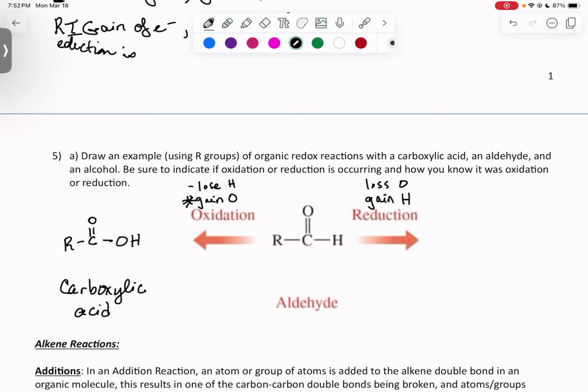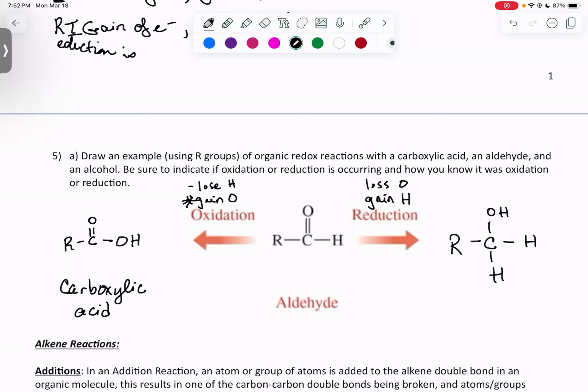And so if I take an aldehyde and I reduce it, I'm still going to keep my R group, but a reduction means that we're going to lose the double bond between the carbon and the oxygen, and we're going to end up with a hydroxyl attached to the carbon. Now, this carbon's incomplete. It doesn't have 4 bonds. So in order to complete its octet, it's going to pick up another hydrogen.